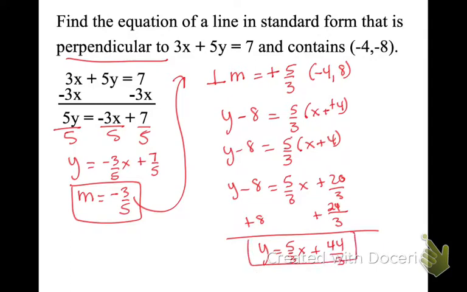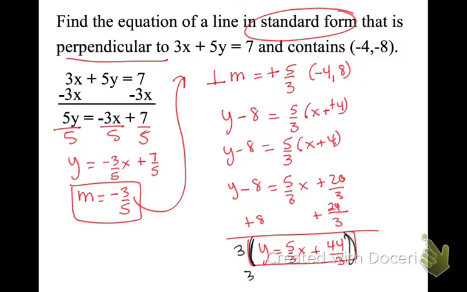This is slope-intercept, but they want it in standard. So now we have to multiply everything by 3. I'm not going to ask a lot of you guys in standard form on the test.